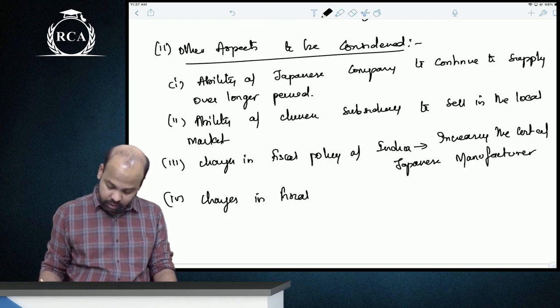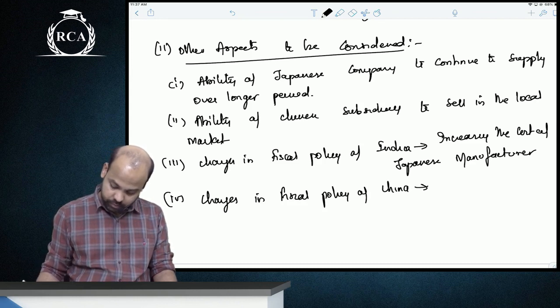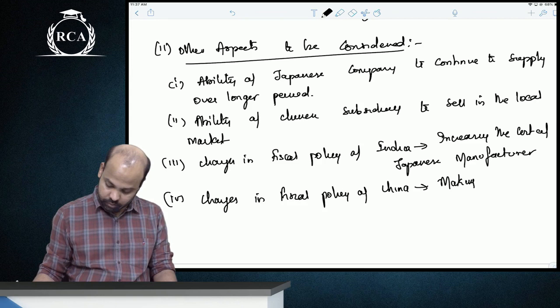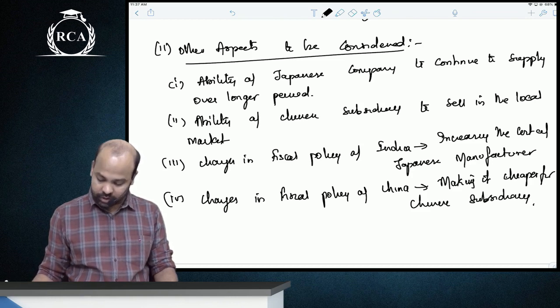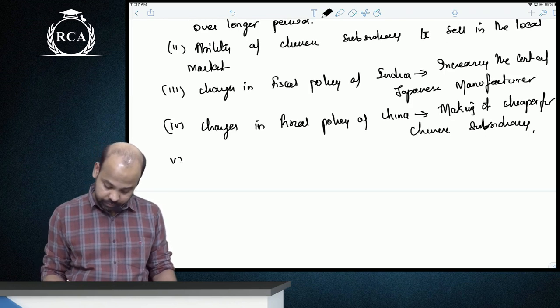Changes in fiscal policy of China, making it cheaper for the Chinese subsidiary. What if there are certain subsidies given, guys?